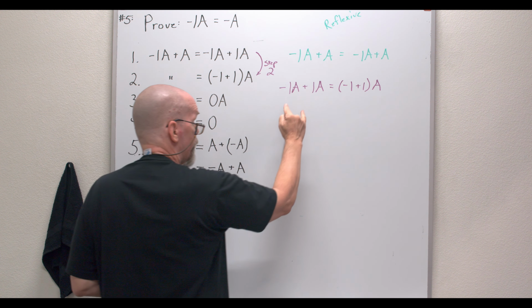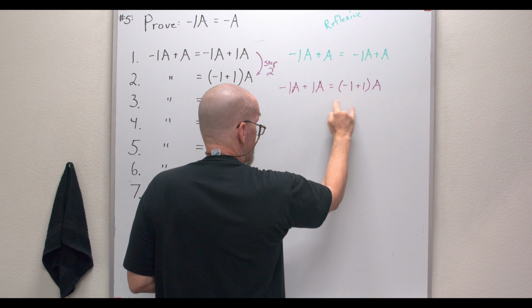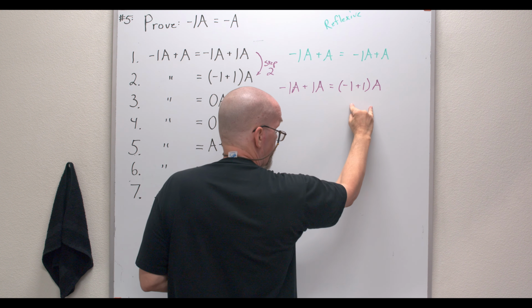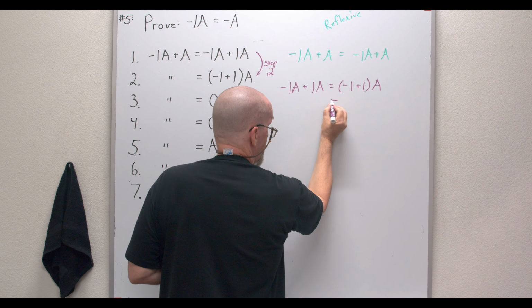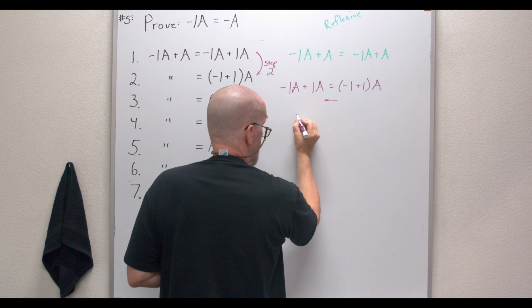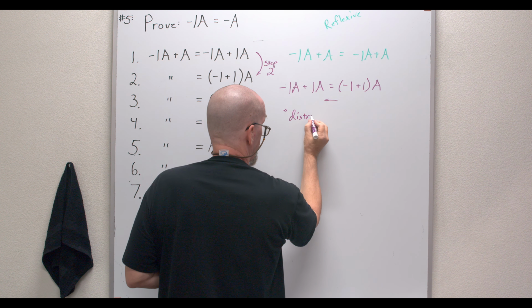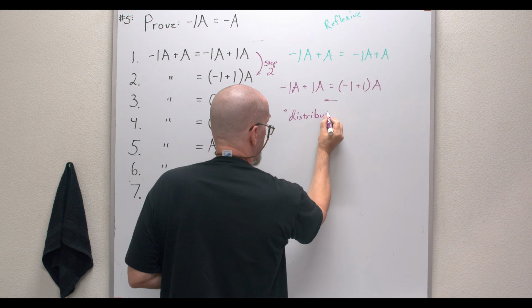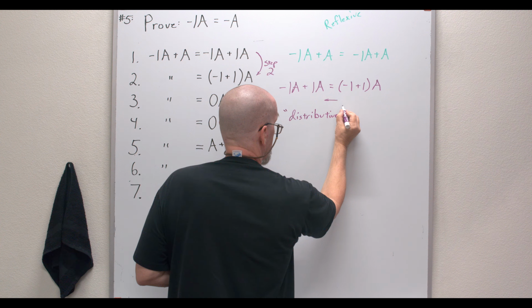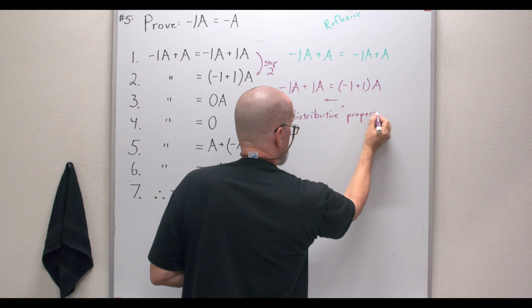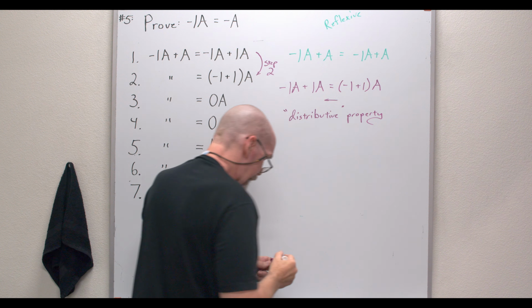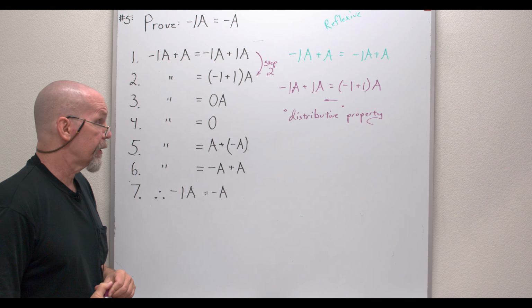Anyway, what did I do in going from here to here? If I look at it from this direction, here to here, I'd look at that as being the distributive property of multiplication over addition. A lot of times math words kind of mean the same thing they mean in English.